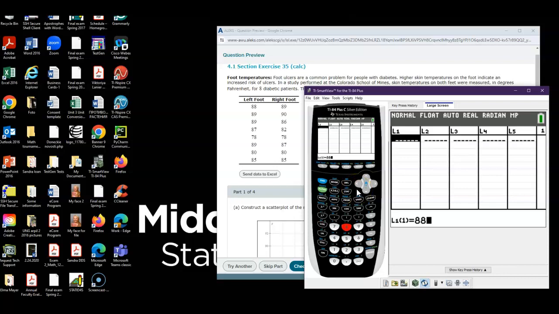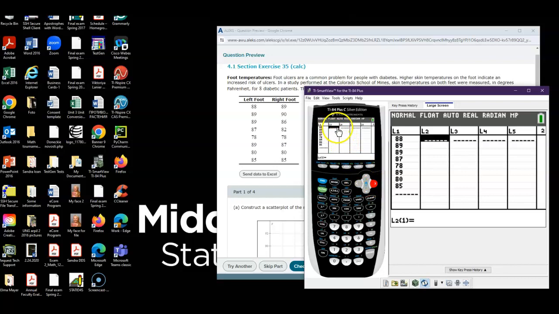I'm going to enter 88, 89, 89. So I'm entering the left foot temperatures recorded in this table. Some people prefer to enter ordered pairs, but it's up to you.